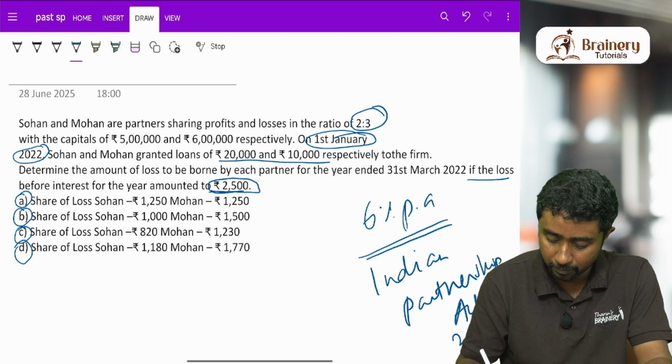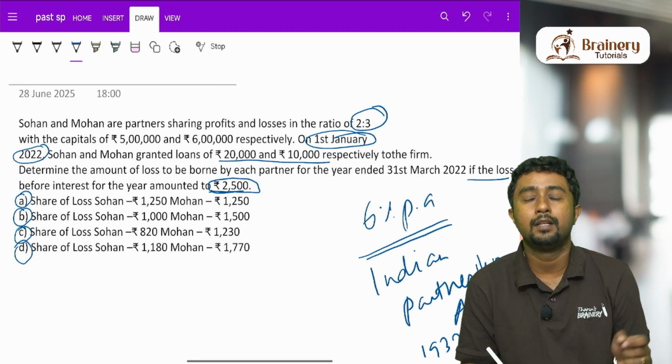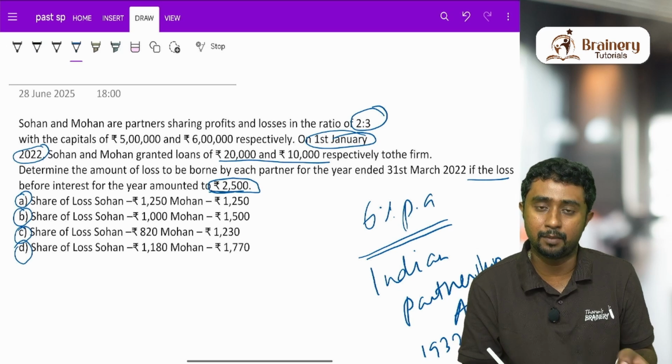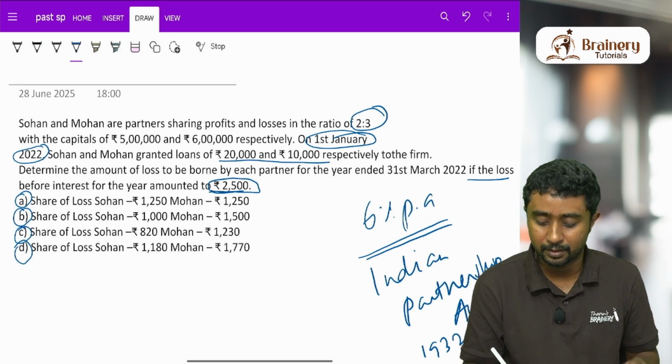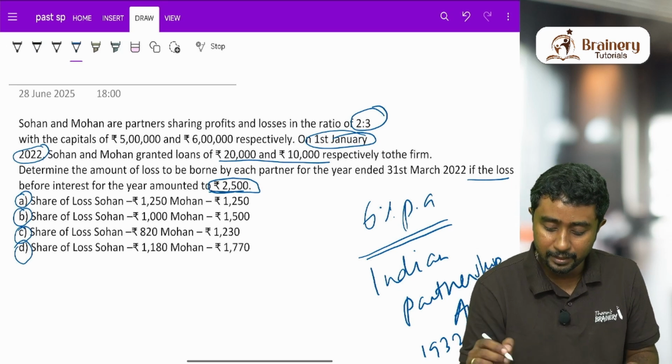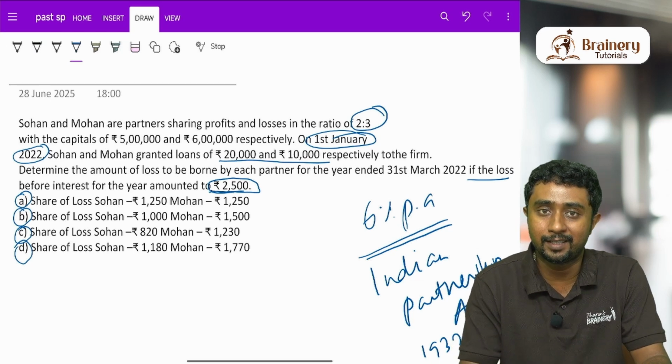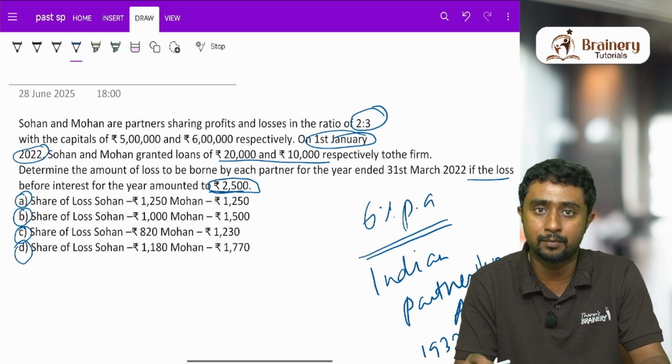According to the Indian Partnership Act 1932, a partner who gives a loan to the business can get 6% interest on the loan so given, if no other interest rate is specified in the partnership deed.